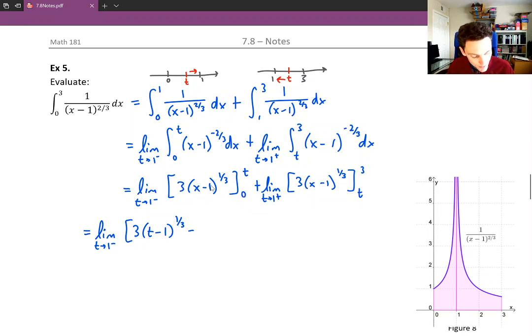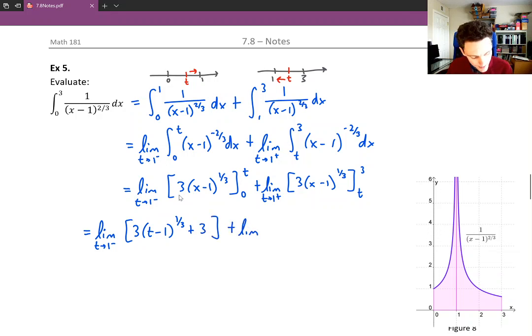We'll have 0 minus 1, which is negative 1. Negative 1 to the 1/3 is not undefined because that's an odd power root. Negative 1 to the 1/3 is just negative 1. And then times 3 is negative 3. So we have minus a negative 3, which is plus 3.